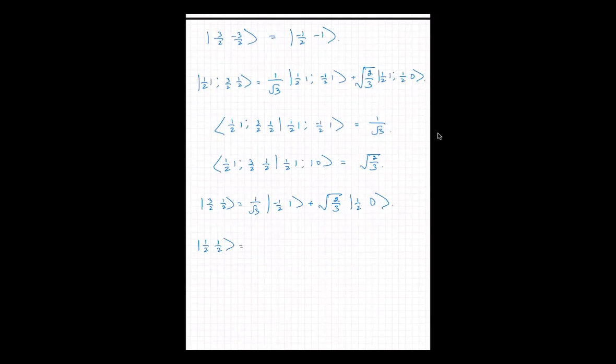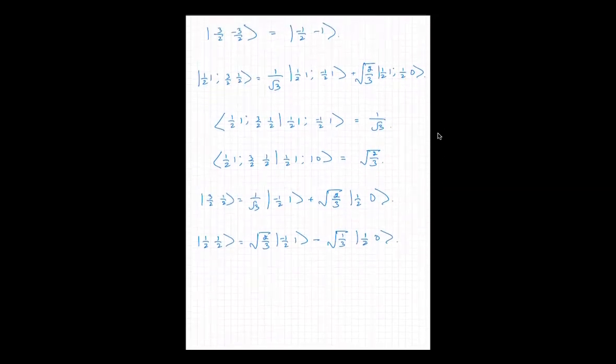So I will write this as square root of 2 thirds, minus 1/2, 1, minus square root of 1 third, 1/2, 0. That's it. Just by inspection, I can write this down by simply demanding that this is orthogonal to the previous state. You can quickly check that this is indeed orthogonal to the previous state.